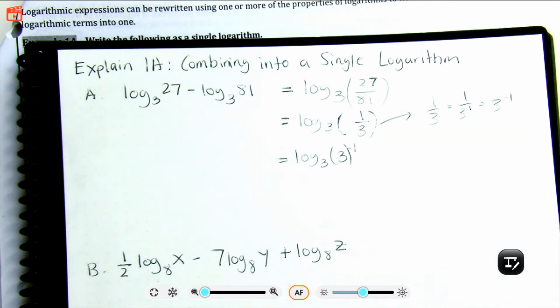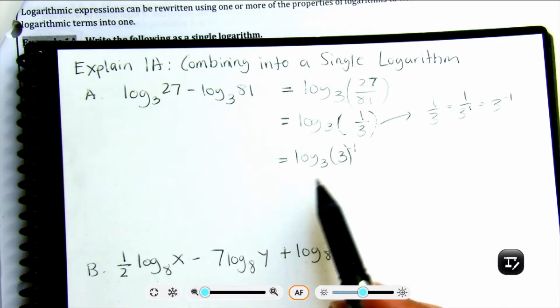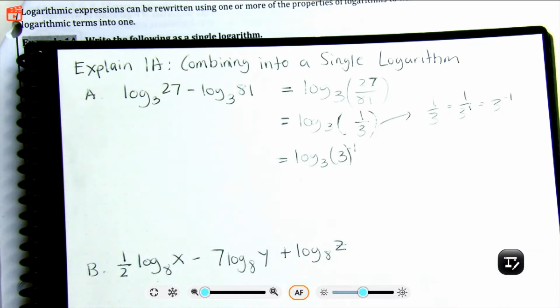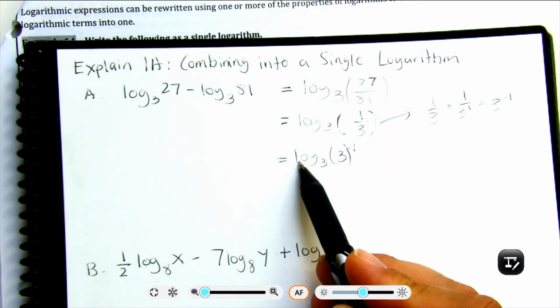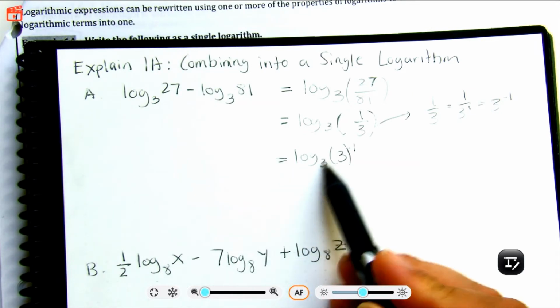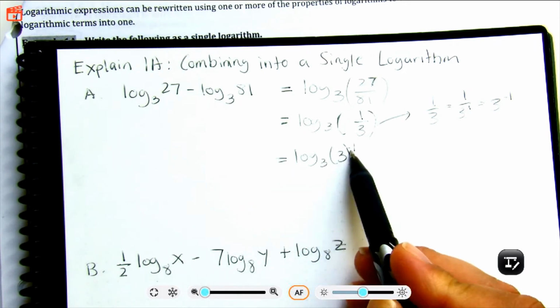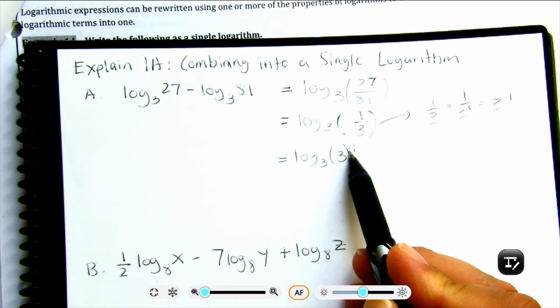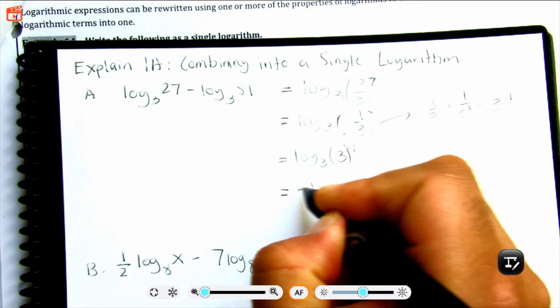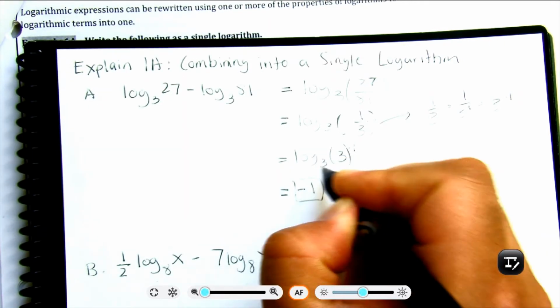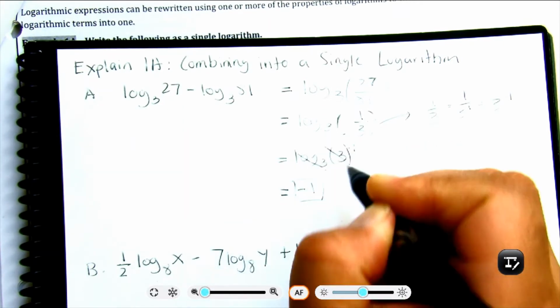Now we could actually use a definition property for this right here. So remember that if you have log base of the base, it's just equal to the exponent. So this is equal to negative 1 because the log base 3 and the 3 cancel each other out.